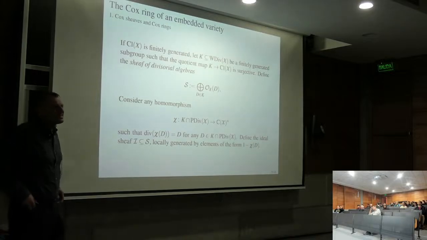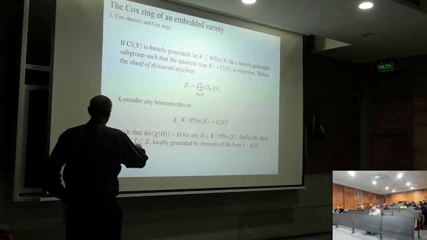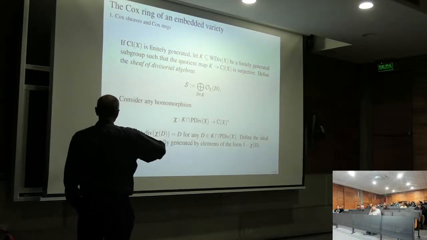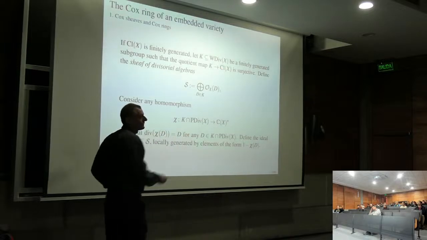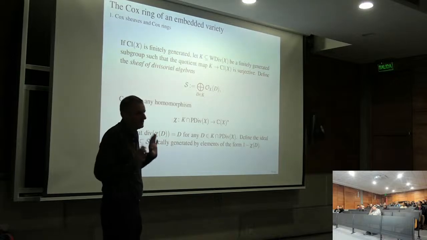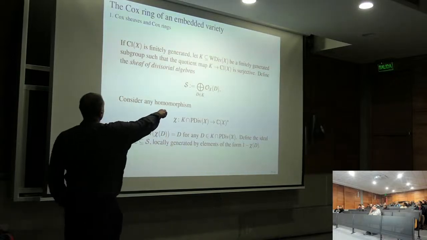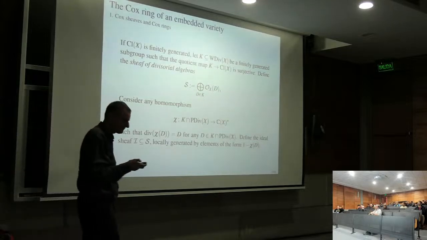Anyway, if this is confusing, or if this is the first time you hear it, you can just drop this whole part and assume that the divisor class group is free abelian, and then K is isomorphic to Cl(X) in what follows, and that's okay.